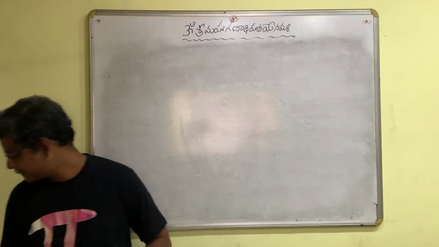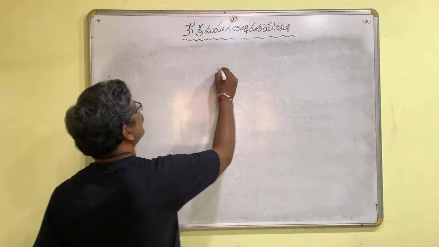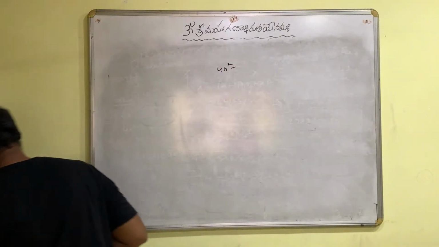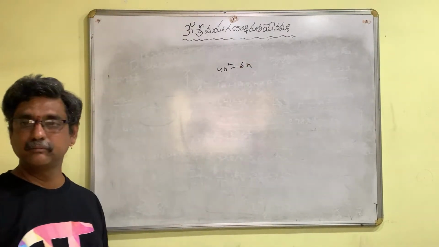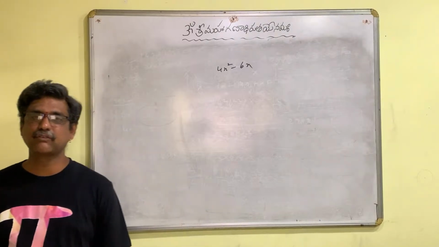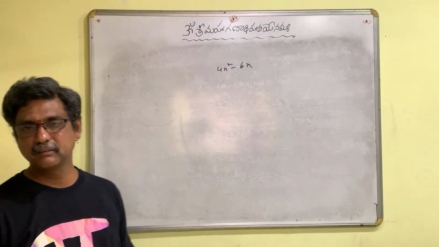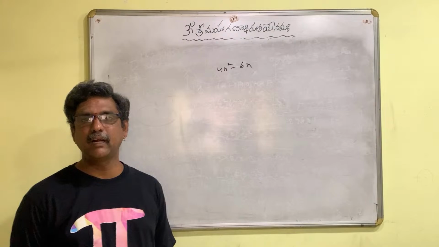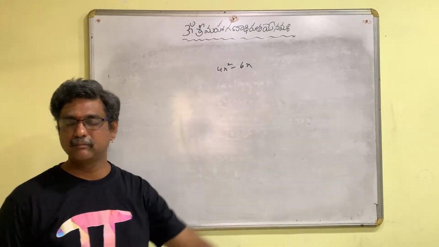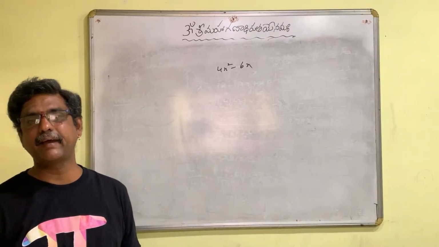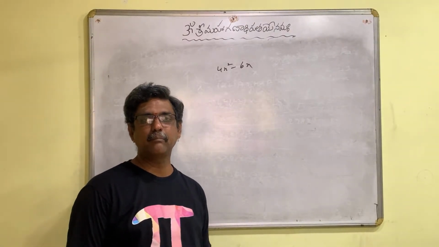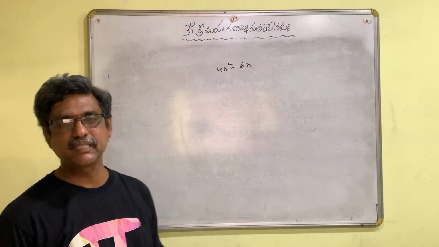First, we need to find the zeros of this polynomial. After finding the zeros, we need to verify the relation between zeros and coefficients.